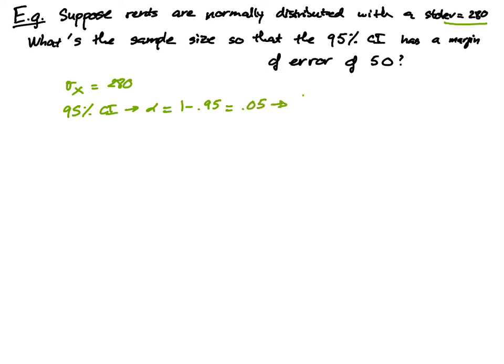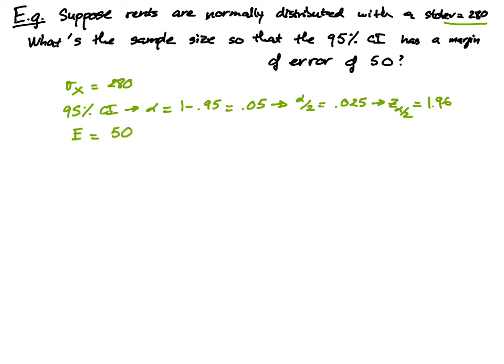So alpha over 2 is 0.025, and z sub alpha over 2 is 1.96. I'm not going to go over how to find this number again. You can go back and look at the notes or a previous video. And here we're looking at a margin of error of 50.